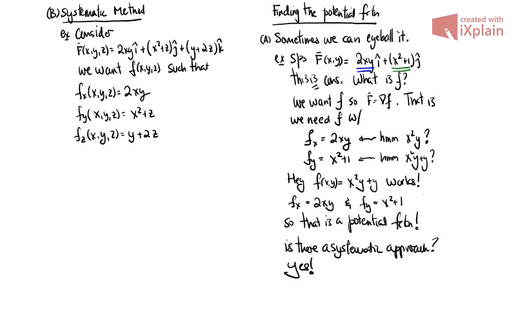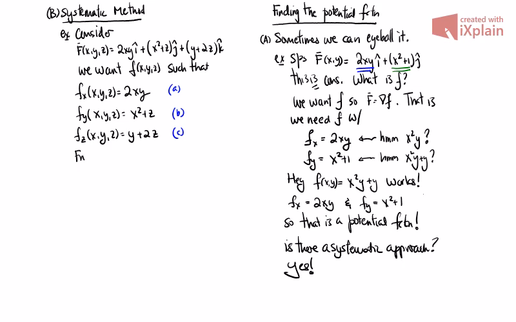That's what we want. Let me label these A, B, and C in blue. The first thing I'm going to do, and again, there are choices here, is follow a method that will work all the time when you're looking for the potential function.